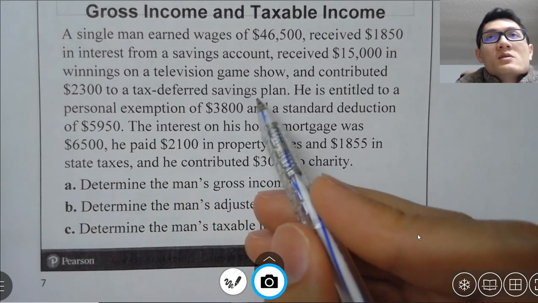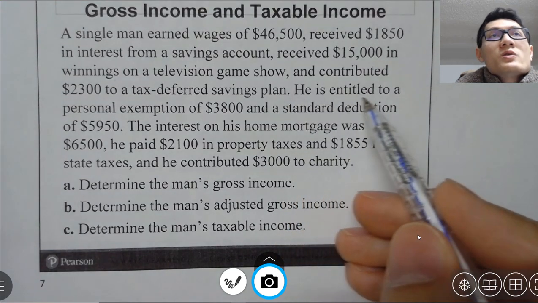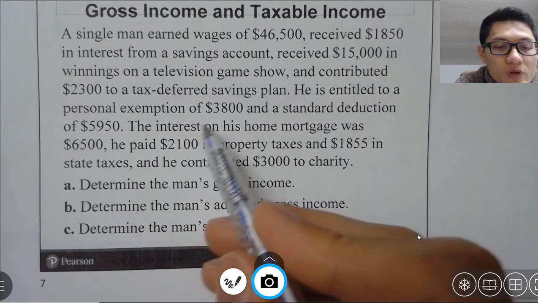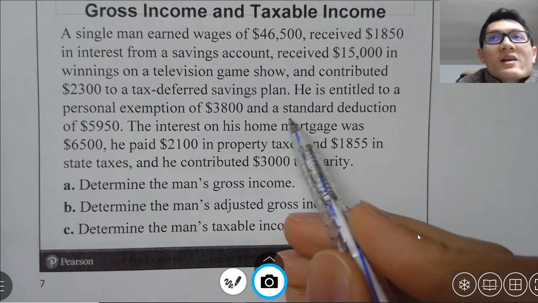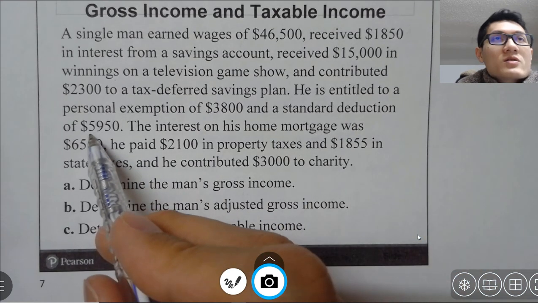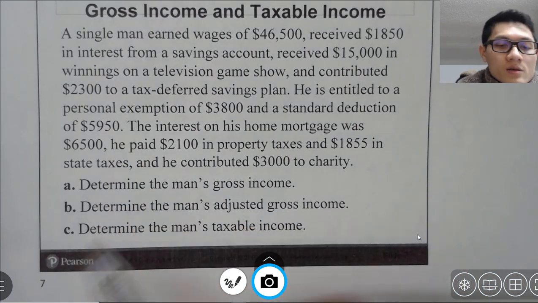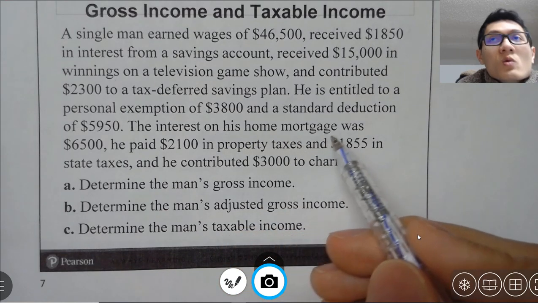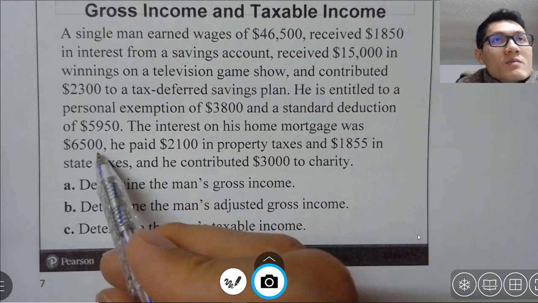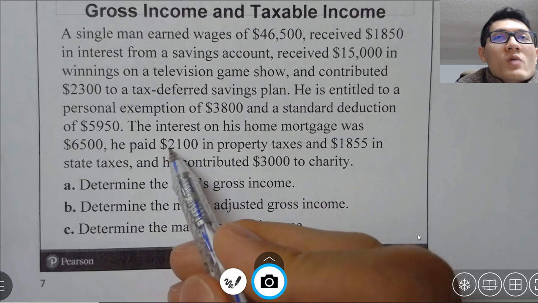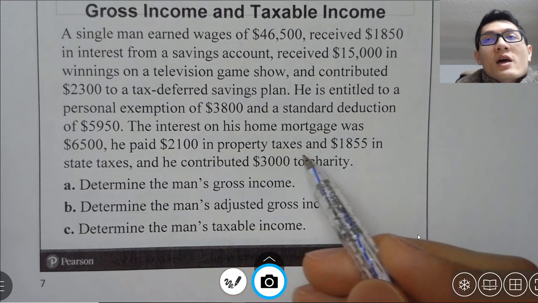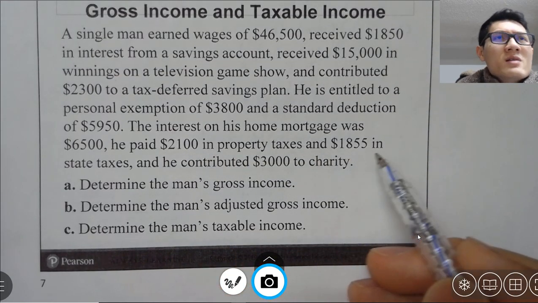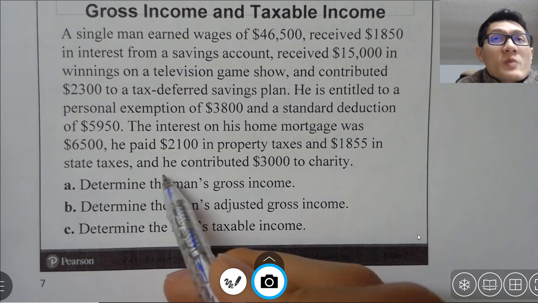He is entitled to a personal exemption of $3,800 and a standard deduction of $5,950. The interest on his home mortgage was $6,500. He paid $2,100 in property taxes and $1,855 in state taxes, and he contributed $3,000 to charity.